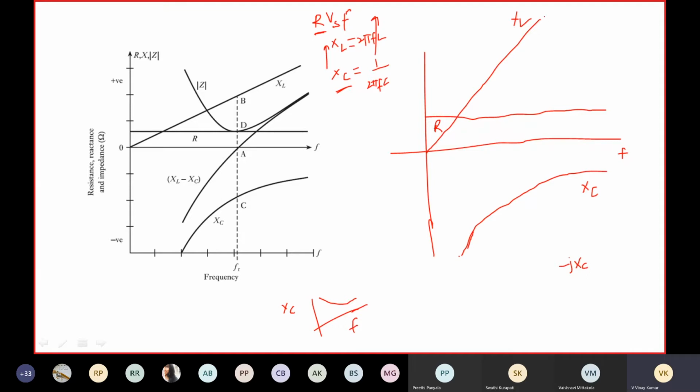If you take magnitude, then this will be mod XL. Let me take the impedance of the inductor, then this will be JXL.